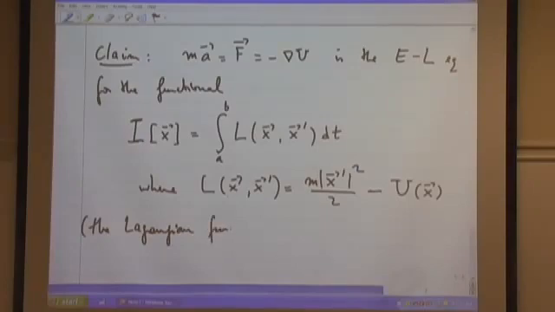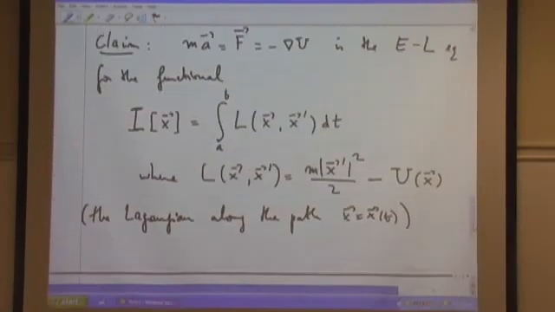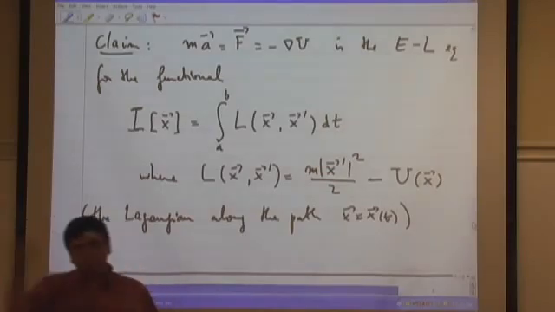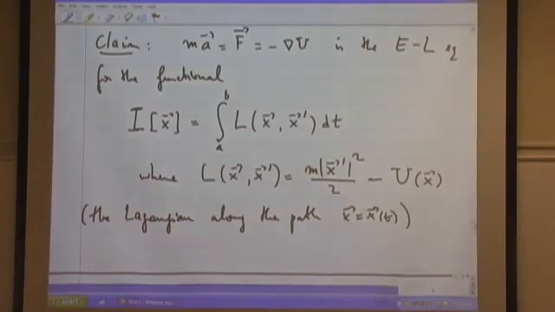The functional, I'm sorry, the Lagrangian along the path x equals x of t. Okay? So basically, this will be a function of t along the path.